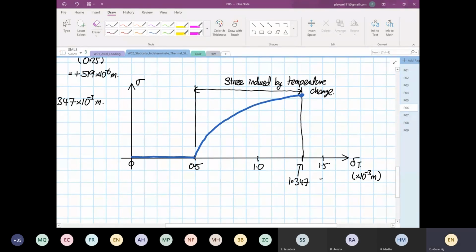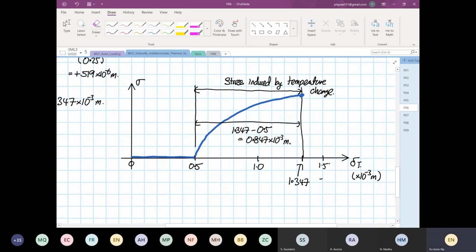Does that make sense now? So the distance from here to here will be equal to 1.347 minus the gap 0.5, and this will be equal to 0.847 times 10 to the power minus 3 meters.